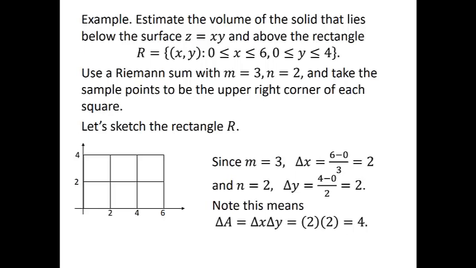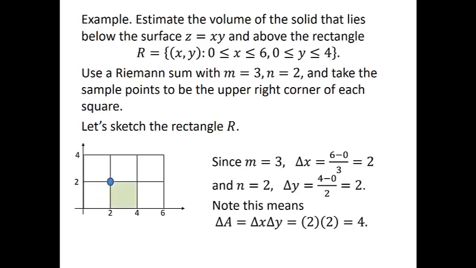All right, let's divide our rectangle accordingly. Notice that delta x is 2 and delta y is also 2. So our rectangle R looks like this. Now, we're told to take the sample points to be the upper right corner of each square. So in our very first square, the upper right corner will be the point 2, 2.